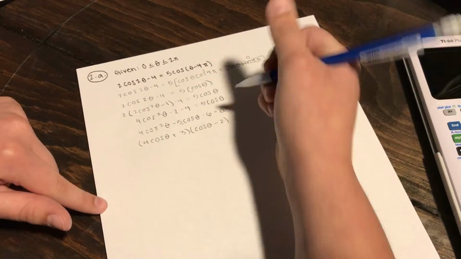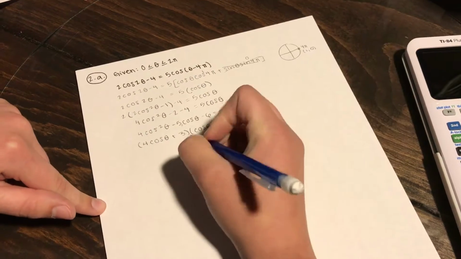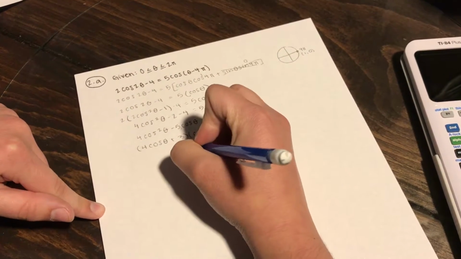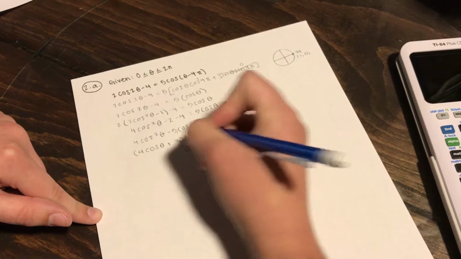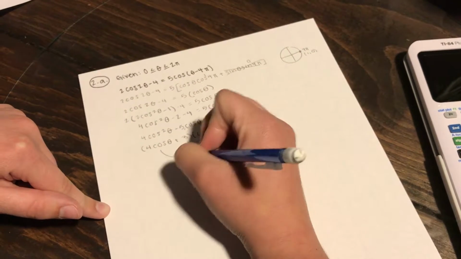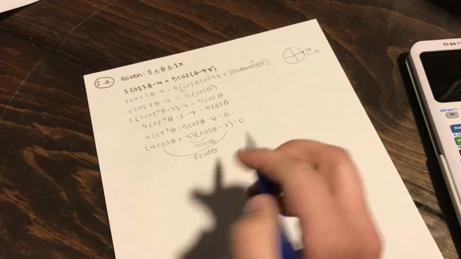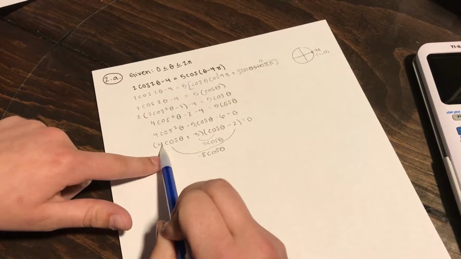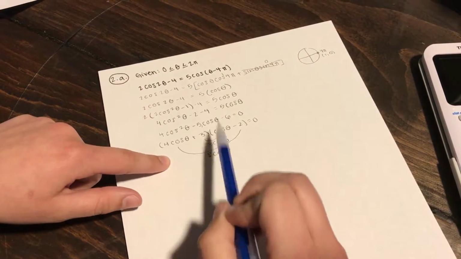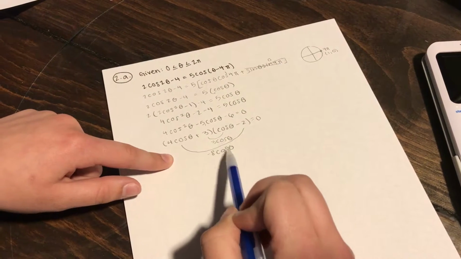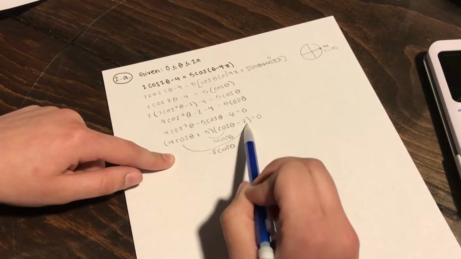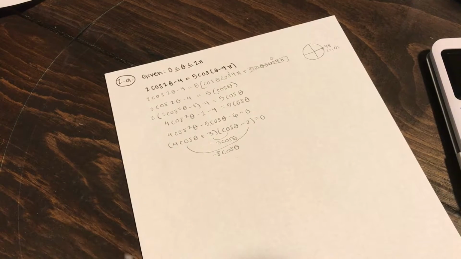And we can tell that this is the right factoring because these two terms make 3 cosine theta. These two terms make negative 8 cosine theta. And what we want to find is 4 cosine squared minus 5 cosine minus 6. And so that is the correct factoring.